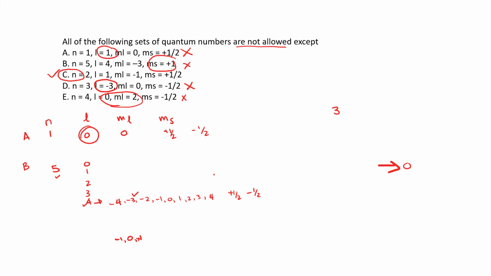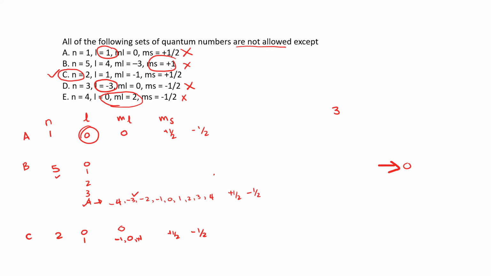And then we go to the next step, ml values. In l equals 4, ml values, yes, we have minus 3. It is good. And then they say ms value is plus 1. So that's a no-no, because ms values cannot be plus 1; it could be either plus half or minus half. This is a no. So let's go to C. It says n equals 2, that means your principal quantum number.